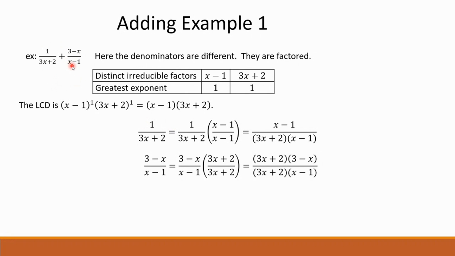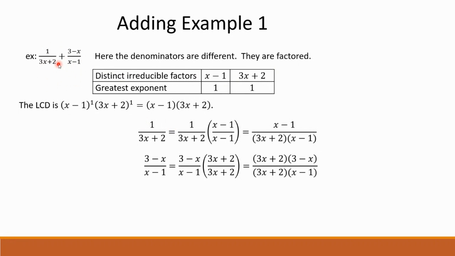Now, you can see these denominators are already factored. So let's list them. We have x minus 1 and 3x plus 2. And notice that their greatest exponent, actually their only exponent, is 1.